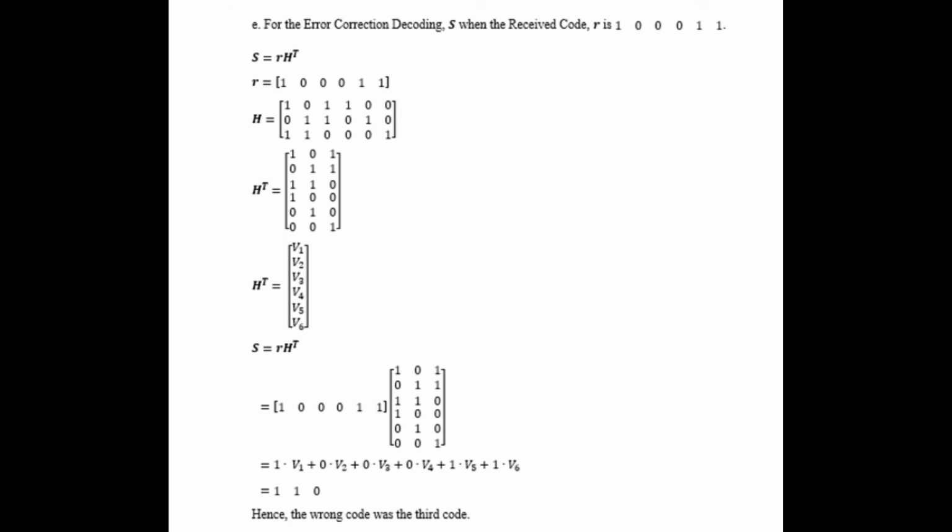Then, to get the error correction decoding, each element of the received code is multiplied with the vectors respectively. To illustrate, 1 multiplied with vector 1, which is 1, 0, 1: 1 times 1 gives 1, 1 times 0 gives 0, 1 times 1 again gives 1. Then 1 multiplied by vector 1 equals 1, 0, 1.